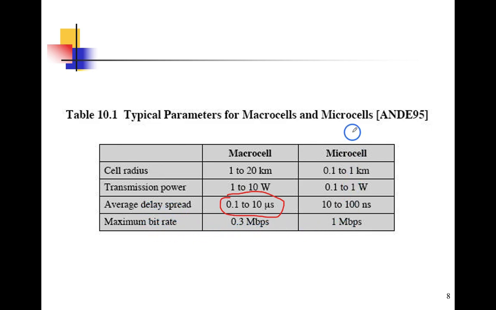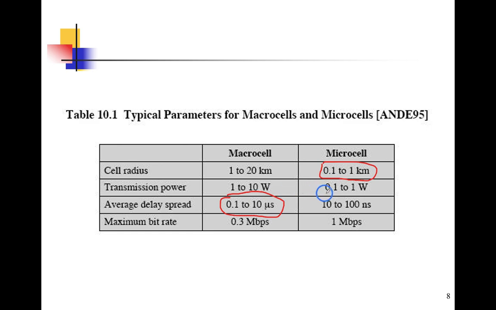And look at the microcell, because it's very small, it covers 0.1 to 1 kilometer. For example, 1 km is not that big. It can cover Unimas, for example. Even Unimas is quite big, so it can be divided into microcells.